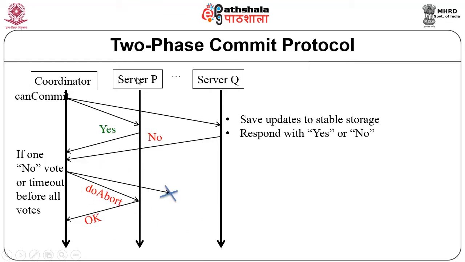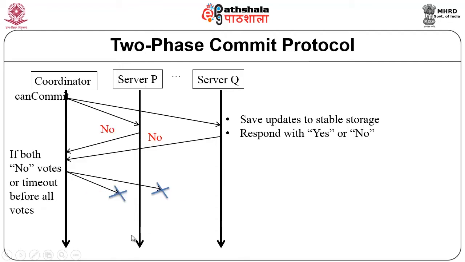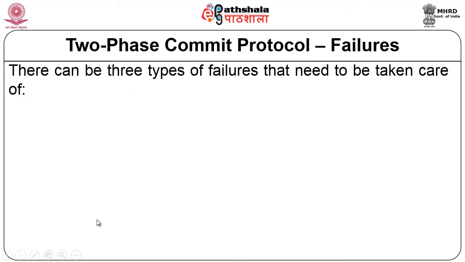Similarly, if server P says yes and Q says no, server P gets do abort and says OK. In case both say no, the coordinator just takes a decision, writes it in the stable storage and does not send any message to anybody.